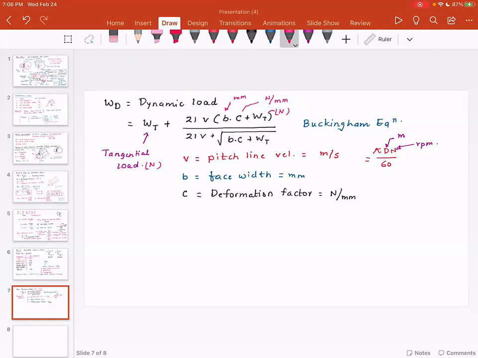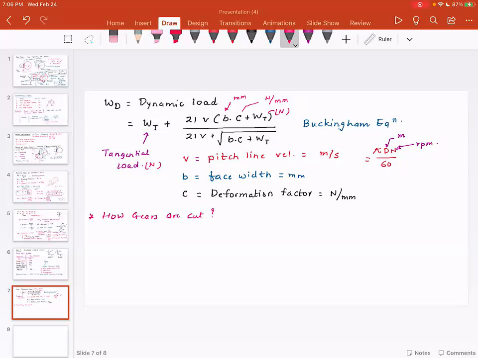Now, the deformation factor is dependent on how the tooth is cut, so it is related to the manufacturing of the gear teeth. I would encourage you to go on YouTube and watch how gears are cut. You will see very nice videos of gear cutting machines. The gears are cut sequentially.